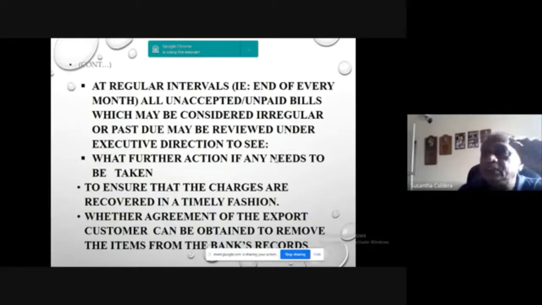When I took over HSBC Middle East in Dubai, I told you there were more than 1,800 items, out of which about 1,600 items belong to 3 customers.